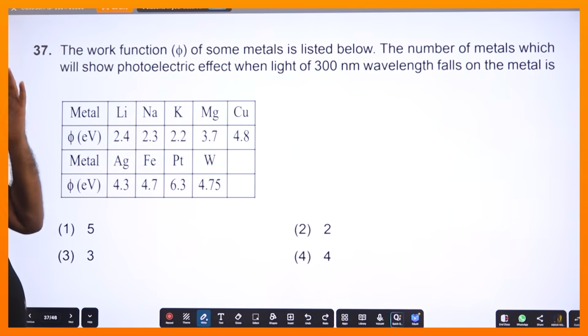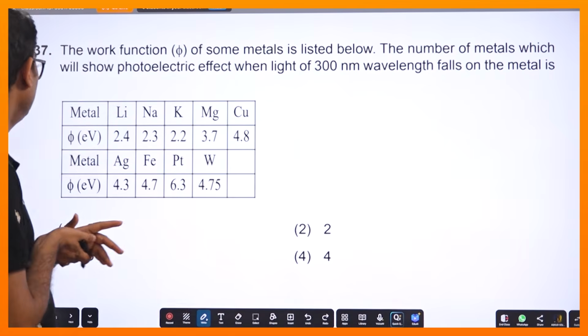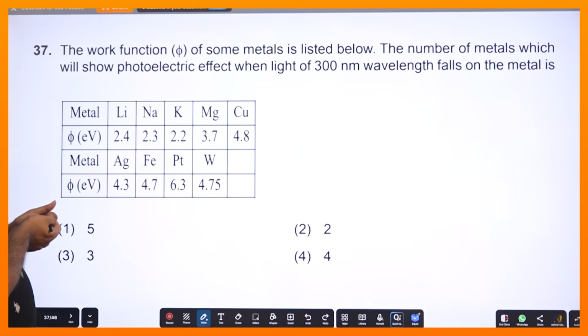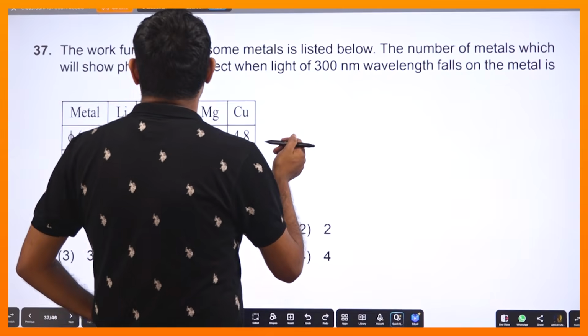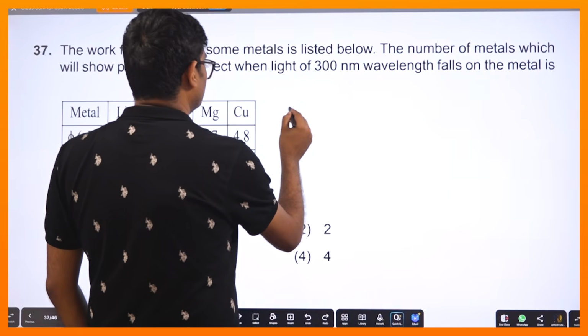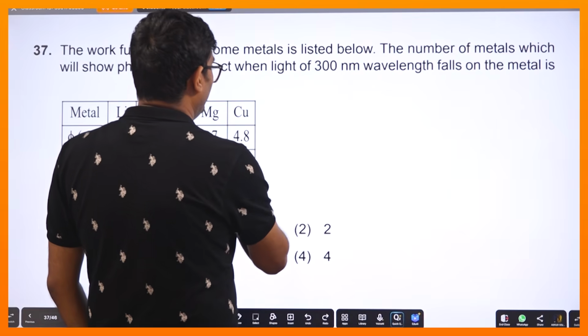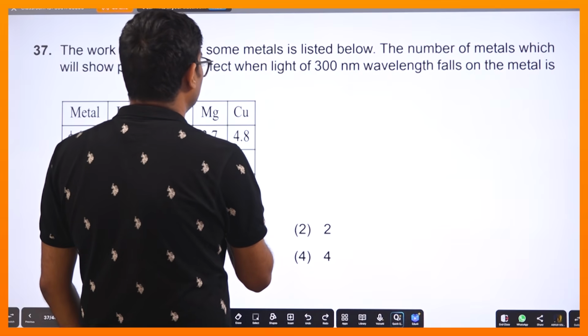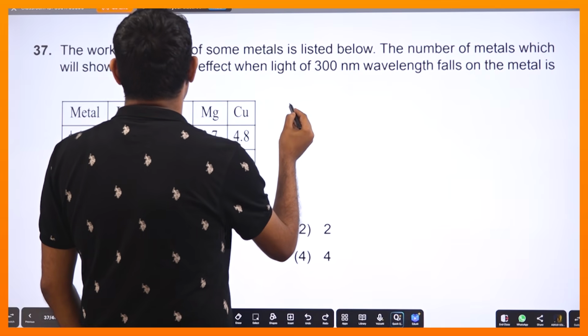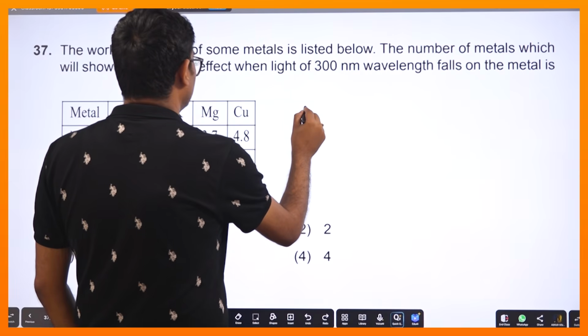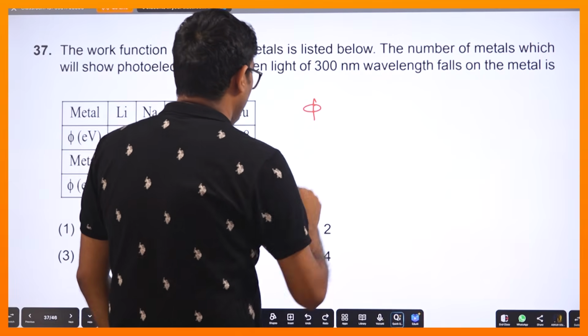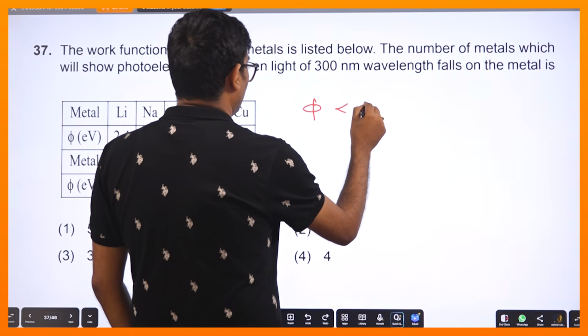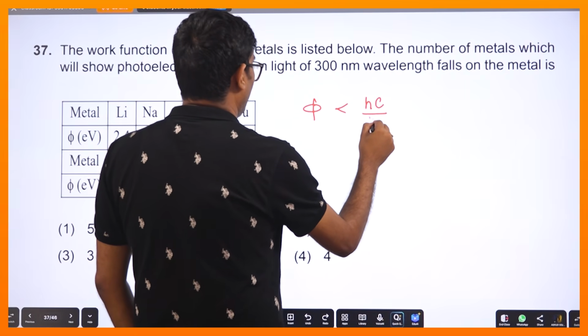Okay, work function of different metals are listed below. The number of metals which will show photoelectric effect when light of 300 nanometer wavelength falls on the metal. Again, it's a calculation based question, because we know that the work function has to be less than hc by lambda.